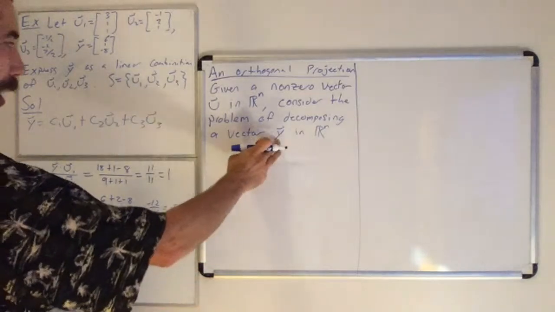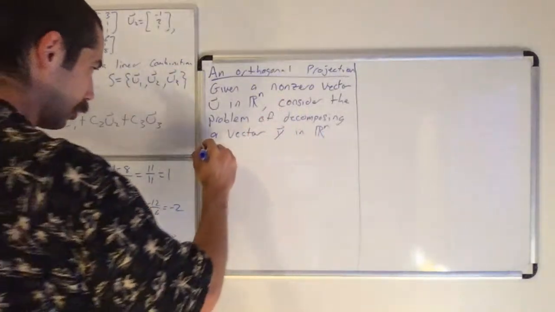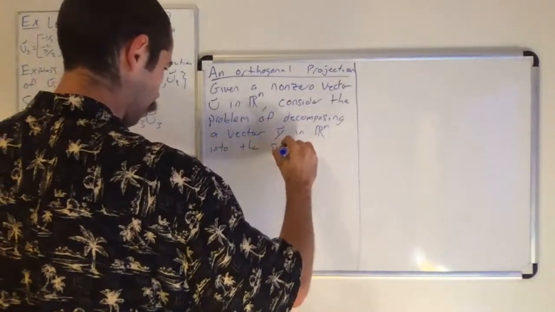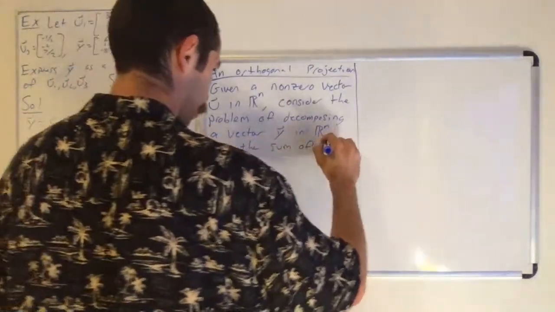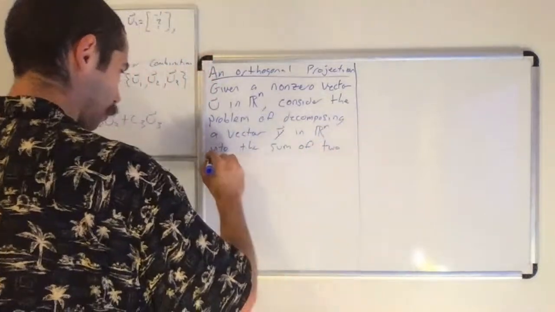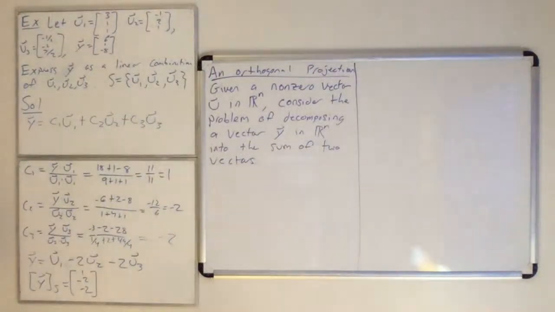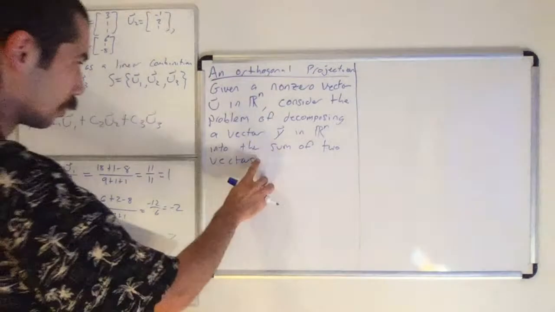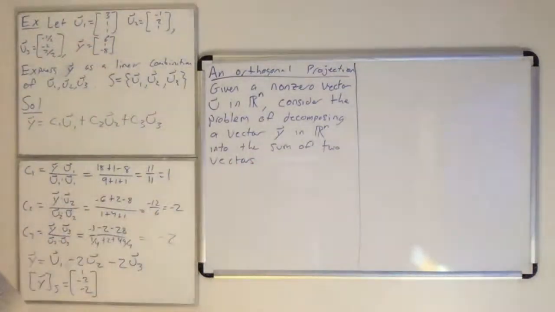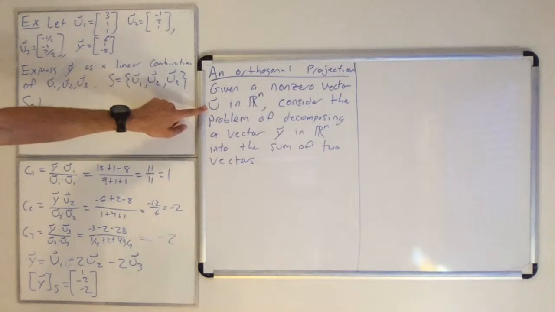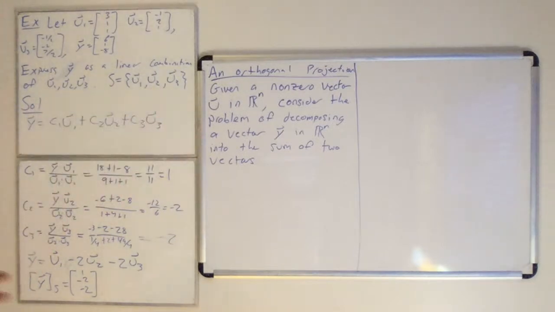Okay, so we want to write y as a sum of two vectors. And we'll sketch a picture of what we're talking about in a second. We want one of them to be a multiple of u, and we want the other one to be orthogonal to u.